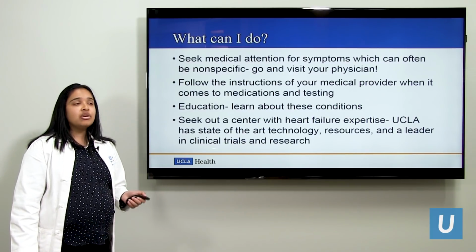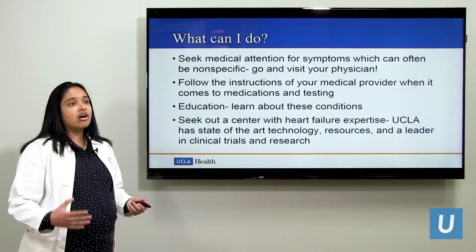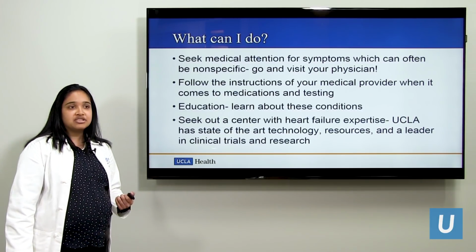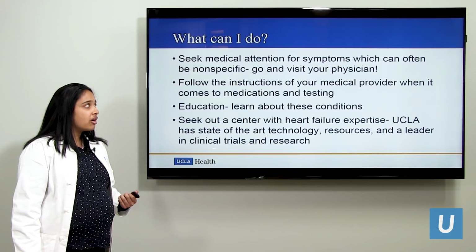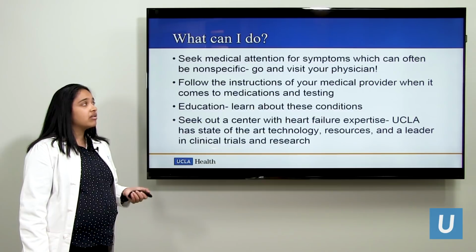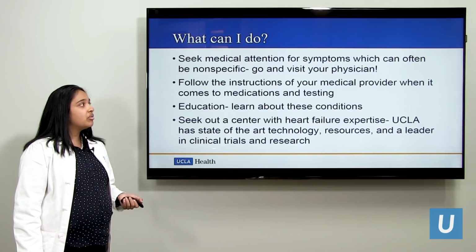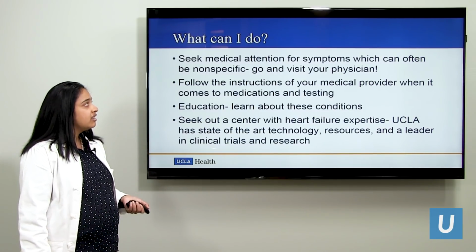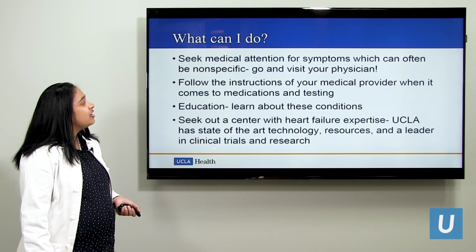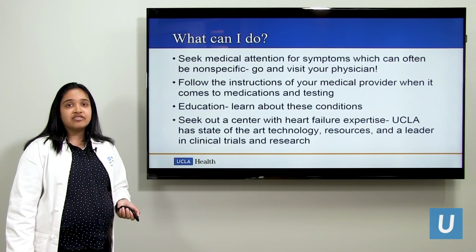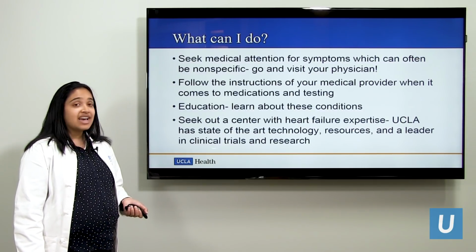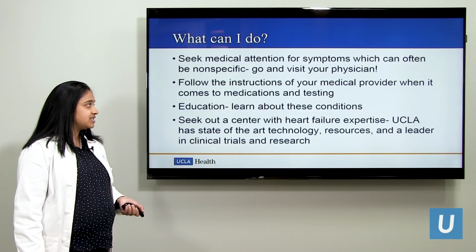So now that you have an overview of heart failure, what are the things that you can do as a patient to learn more and empower yourself? Well, first of all, you should seek medical attention for any symptoms, which can often be nonspecific. So, time to go and make that appointment with your doctor. You should follow the instructions of your medical provider when it comes to medications and testing that has been ordered or suggested.